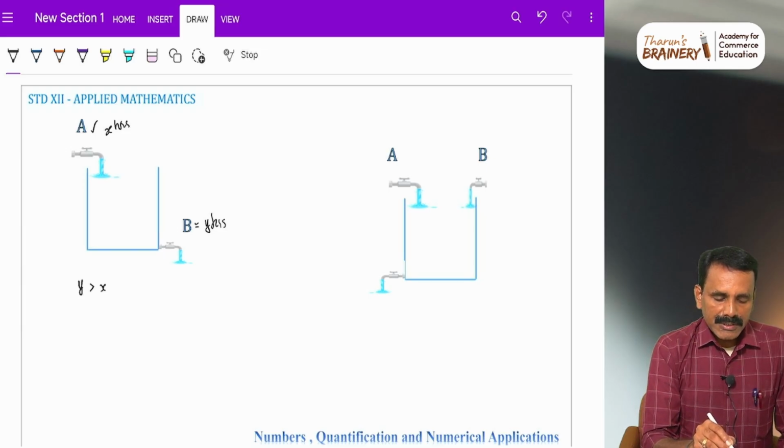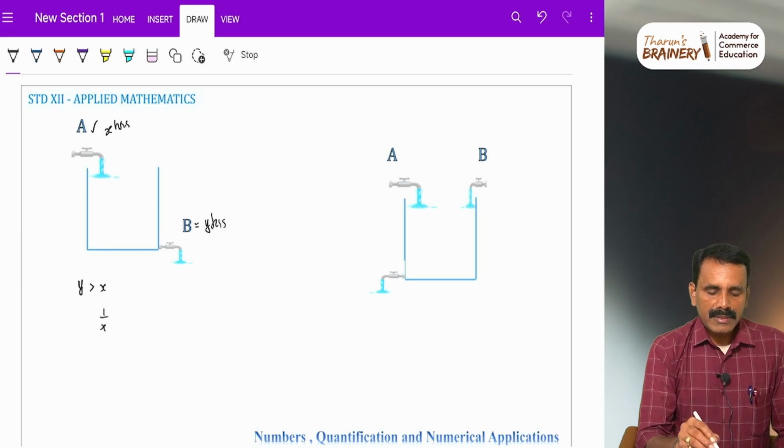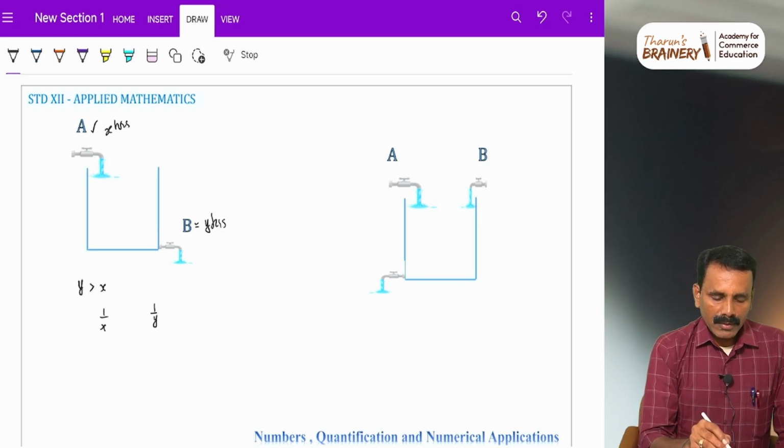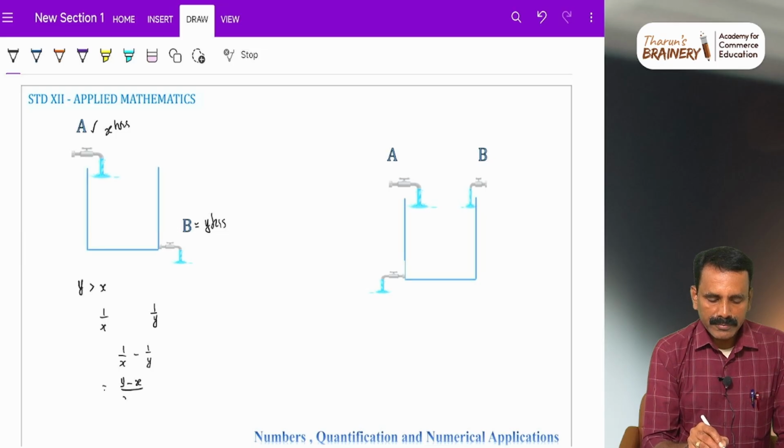So, the part of the tank filled by pipe A in 1 hour will be 1 by X, and the part emptied by outlet pipe B is 1 by Y. So, in such a case the tank will be filled partly, it is 1 by X minus 1 by Y. When you take the LCM, it is (Y minus X) divided by XY.